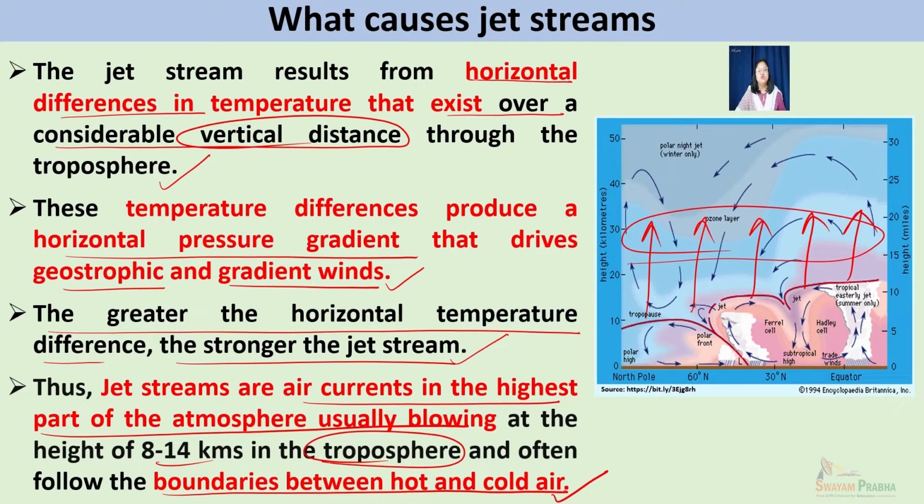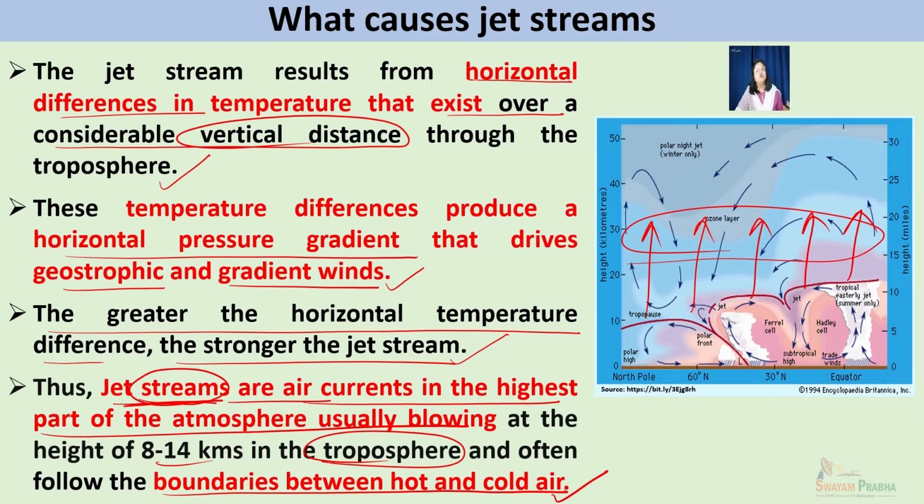So these temperature variations along the vertical extent also create the differences in pressure gradient, leading to the formation of rapidly moving streams of winds or air current in the upper tropospheric regions, which are called jet streams.